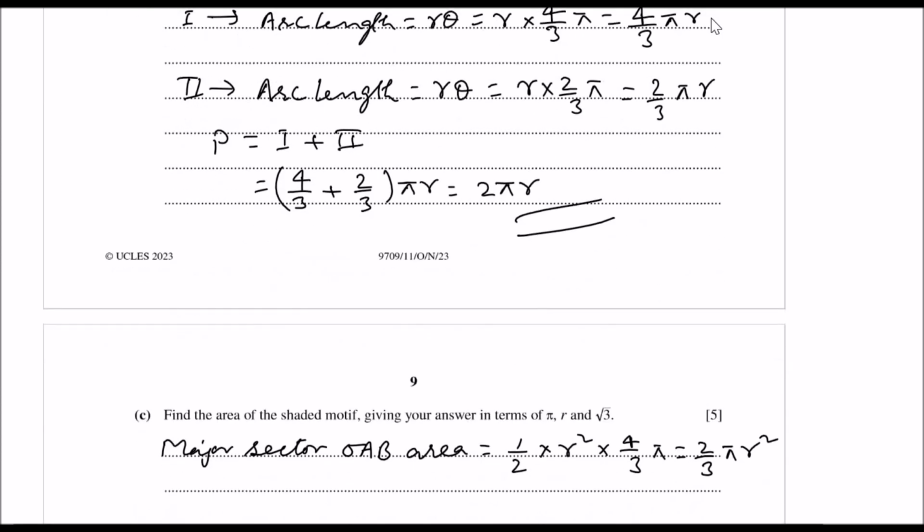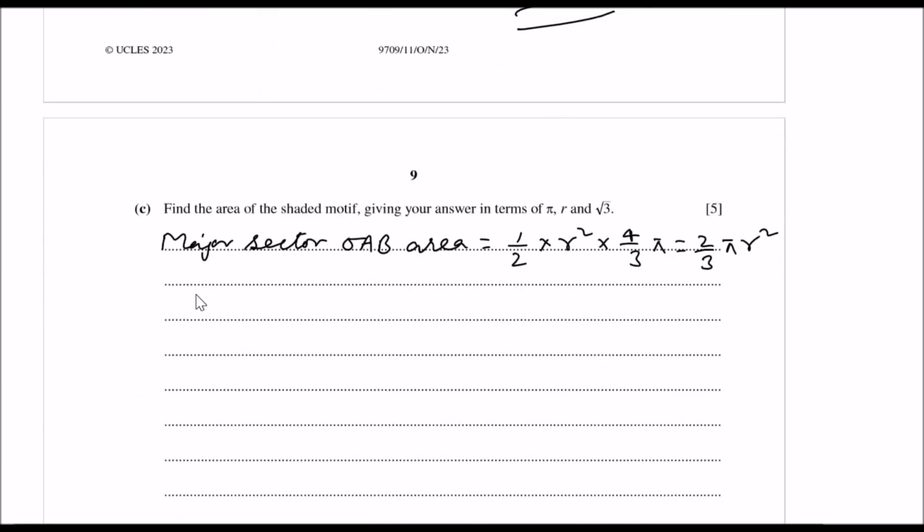So area of triangle CAO, that is half r square sine pi by 3, because the formula we are applying is half AB sine C. So AB, we know that both are equal to r.